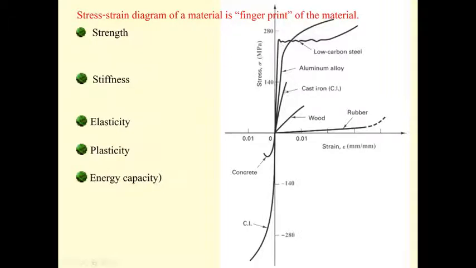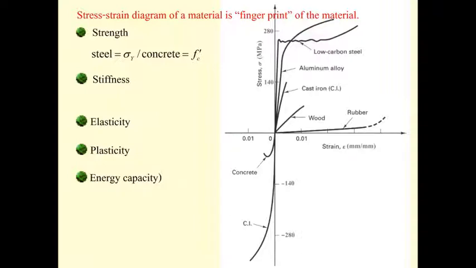And for the cast iron, the strength of this material is maybe half of the low carbon steel and aluminum. And if you go to the wood, the strength is going to get lower and the rubber is the lowest. So the strength is one important factor and is different for different kinds of material.